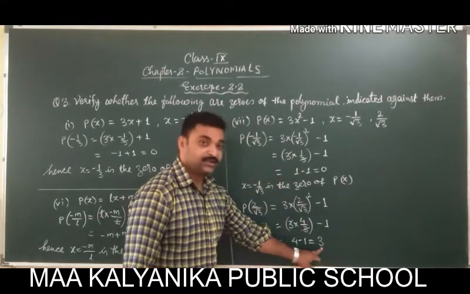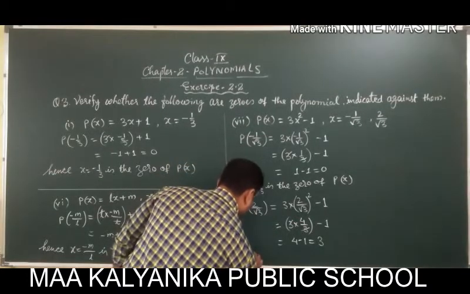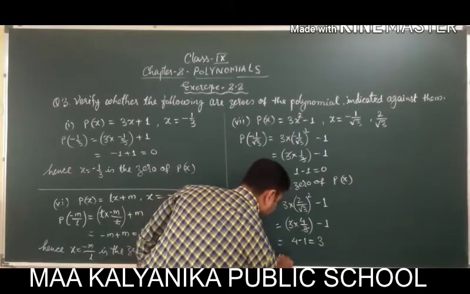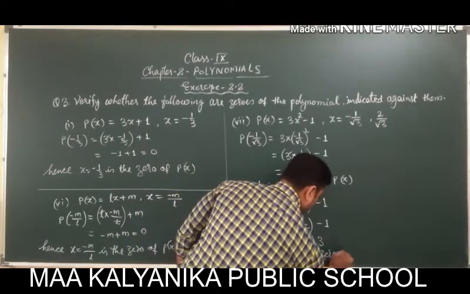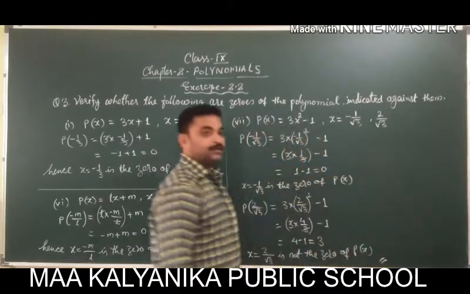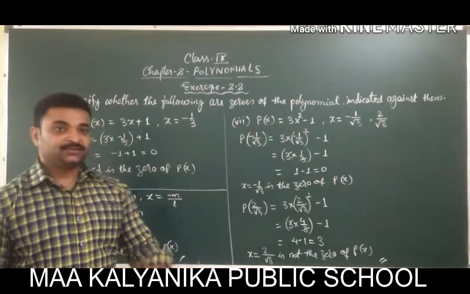Since this 3 is not equal to 0, so we will write x is equal to 2 upon root 3 is not the zero of p(x). Clear, students? So we will proceed to the next question.